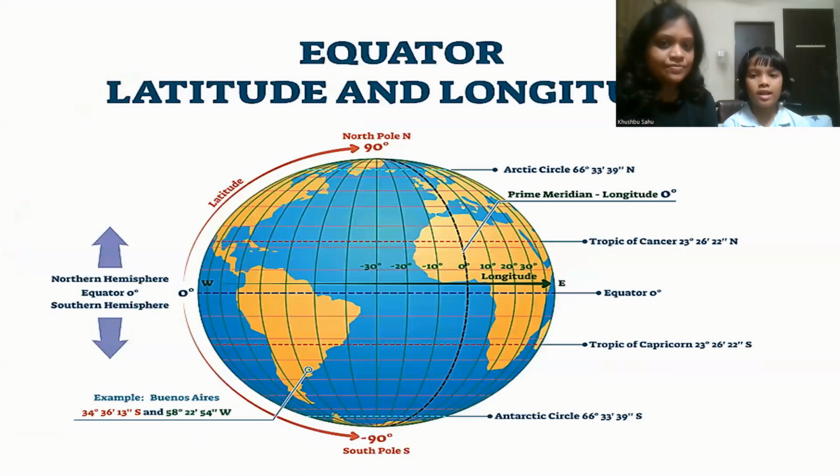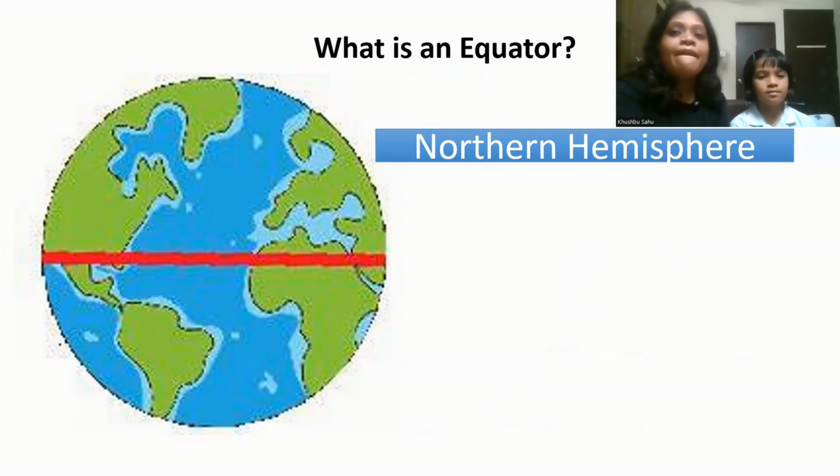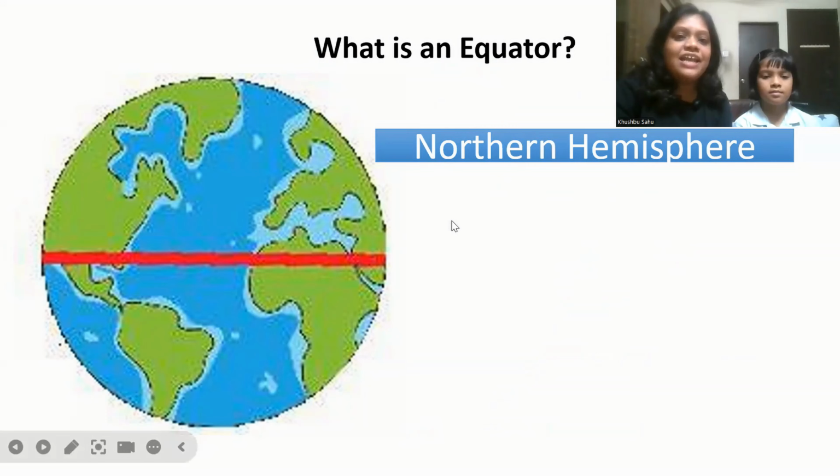Correct. So an imaginary line running on the surface of Earth, which divides the Earth's surface into equal halves, is known as the Equator. Right. So what is an equator? Equator is an imaginary line, as you can see this red line, right?